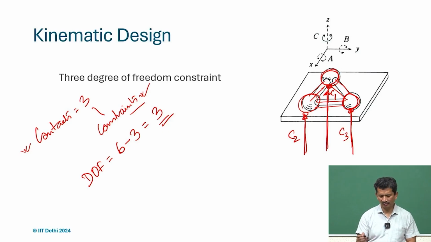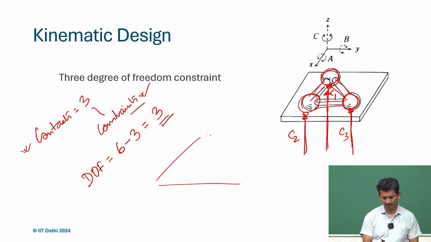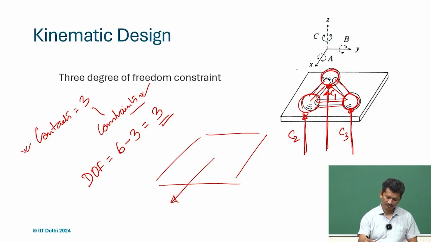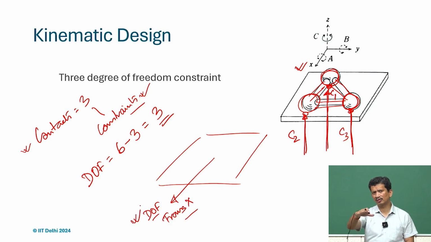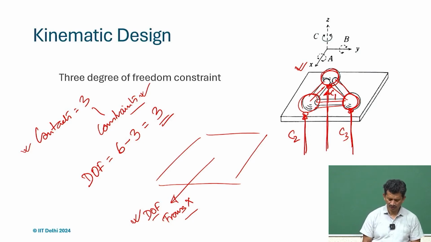So, for instance, again it is on the flat surface, right. So, translation x is a DOF. I think it can slide, the entire thing we can simply slide along the x direction without leaving the surface. So, the contacts will be still there. So, it means the translation x is there, that degree of freedom is there. What about y?